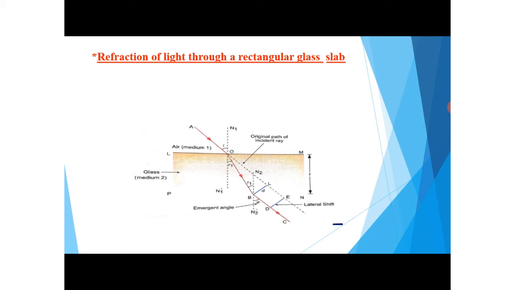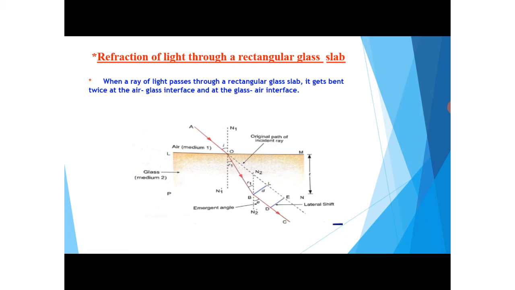Now what we are observing is that there is a distance between this original and the emergent ray, and this distance is known as the lateral shift, meaning the light ray is shifted from its original path because of refraction through the glass slab. These two rays are parallel to each other, and the angle of incidence is equal to the angle of emergence for the ray passing through the glass slab.